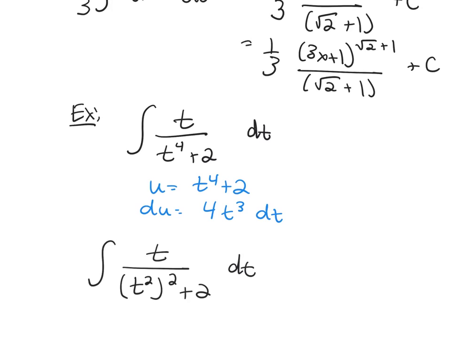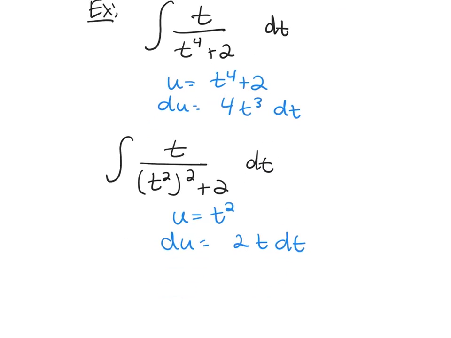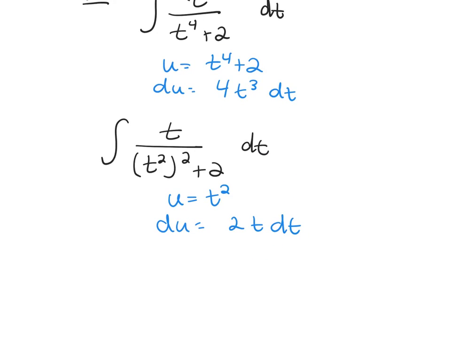What is your substitution going to be? u equals t squared. The derivative of that is 2t dt. So substitution will now work out for us in this problem, okay? And when you do it, you'll get a 1/2 here, 1 over u squared plus 2 du.